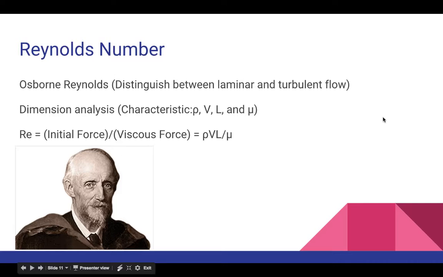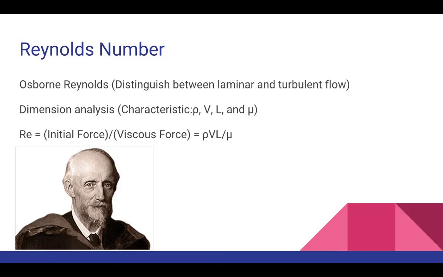All right, here's a little history of where the Reynolds number comes from. And it's this guy, Osborne Reynolds. He derived the Reynolds number and was the first to show that a combination of several variables resulting in a dimensionless number could help distinguish fluid flow into two types, laminar and turbulent.